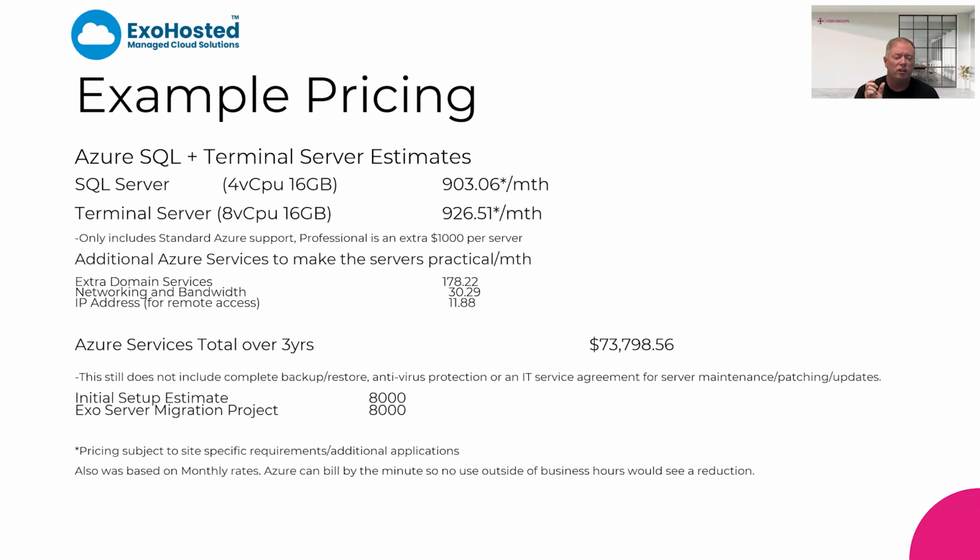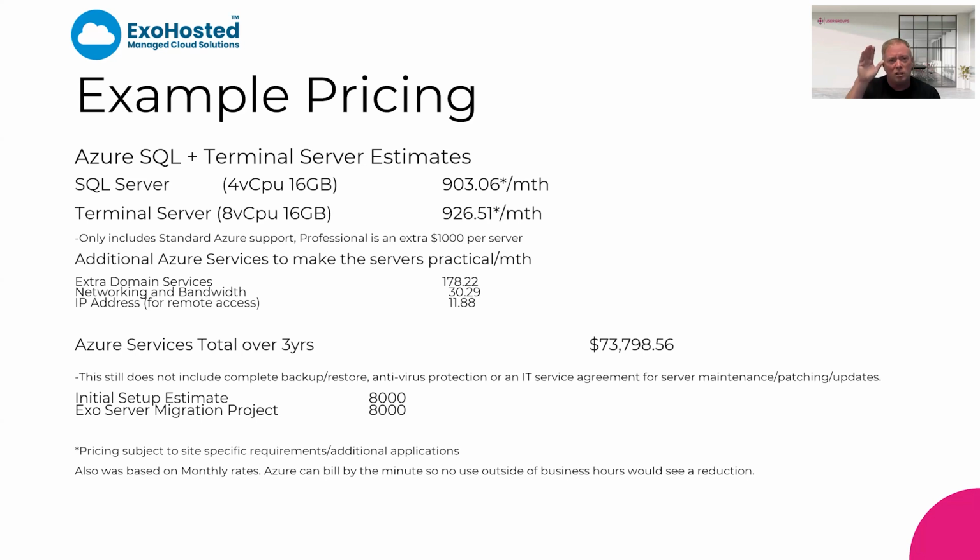Standard support has the notation of not business critical support services. I didn't actually change it. If you change the Azure support from standard to professional, it's actually $1,000 more per server, and that's what they deem as business critical. But that would have just inflated the amounts to a ridiculous amount.